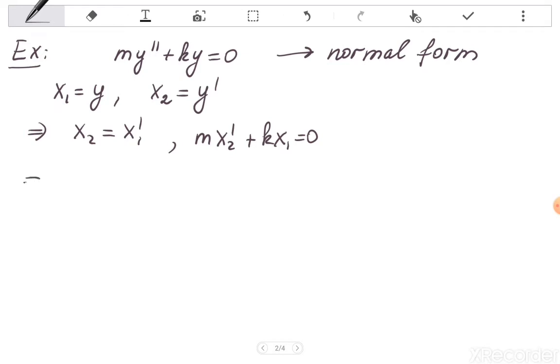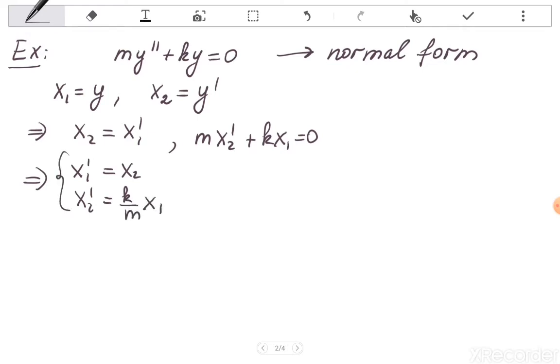So what do we get now? We get a system where x1 prime is x2, and x2 prime we can find from this equation here. We move this k x1 to the right and divide by m, so this is minus k over m x1.